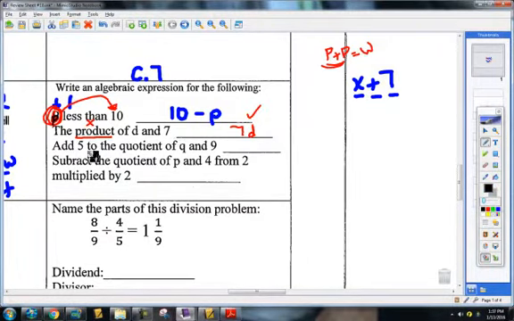We're going to add 5 to the quotient. Now quotient means division. We're going to add 5 to the quotient of q and 9. Now I see a lot of people doing this: q divided by 9 plus 5. I will accept that, but I just want everybody to have this on your paper as well. I want you to always get in the habit of writing all division problems as fractions.